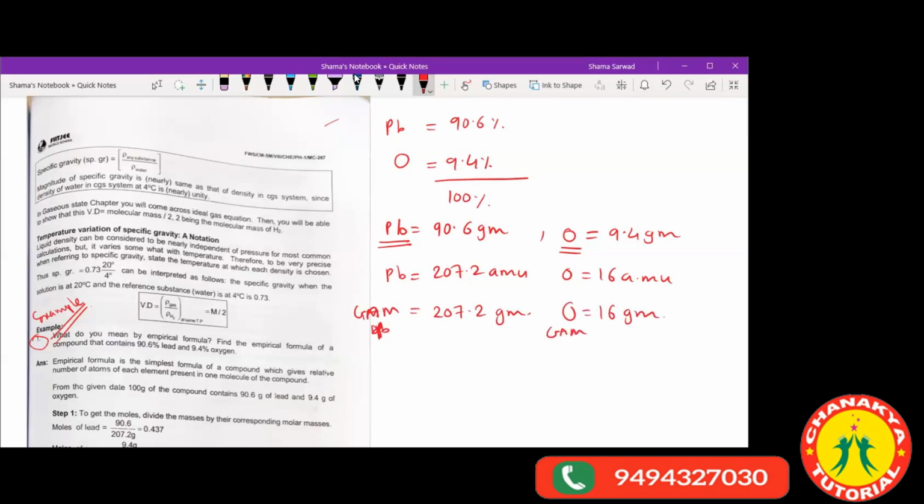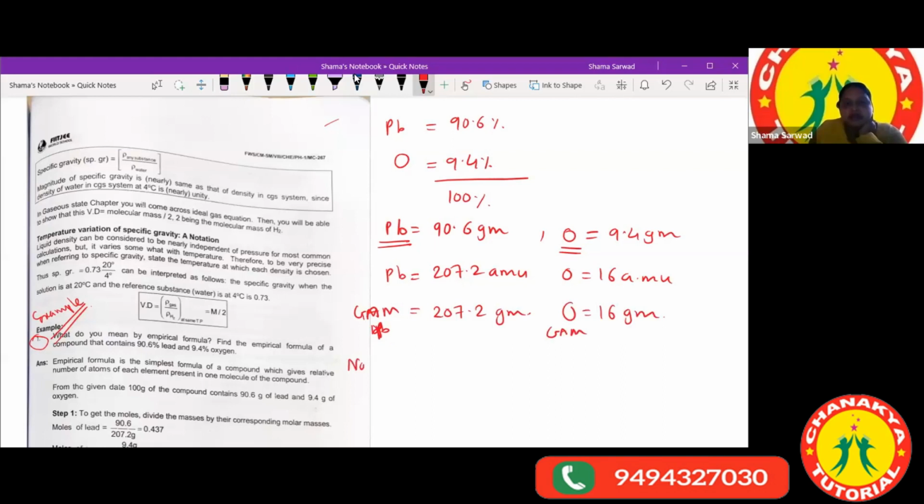Clear? Yes, ma'am. What are you going to do? The number of moles of Pb is equal to the given mass, that is 90.6 upon 207.2. Do this calculation. Similarly, the number of moles of oxygen is equal to 9.4 upon 16.